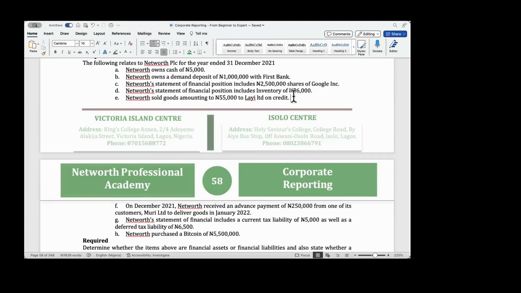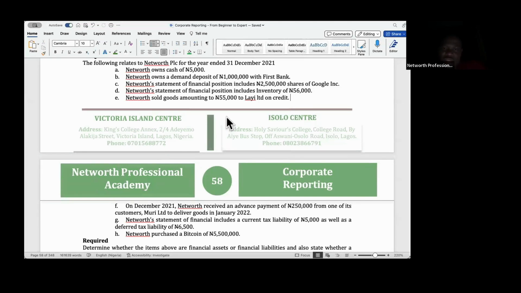The Laye Limited is a financial liability to them, that they are obligated to pay cash to net worth for the goods sold. That's correct. So which is trade payables, right? Yes, correct, sir. Good. So net worth has a financial asset, and there is a financial instrument contract because Laye has an obligation to deliver cash. Okay, that's everyone.